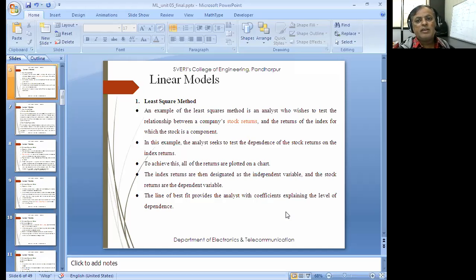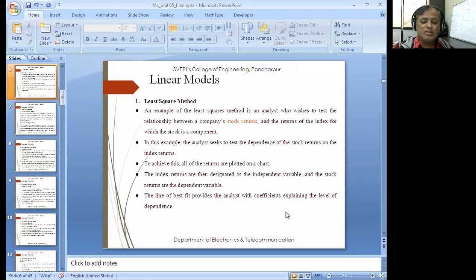So you can find out the relationship between index and stock returns. The line of best fit provides the analyst with coefficients explaining the level of dependency. So actually we are going for regression analysis, and we get a line of best fit. That will be helpful in explaining the level of dependency, कि कितना dependent है, कितना independent है.